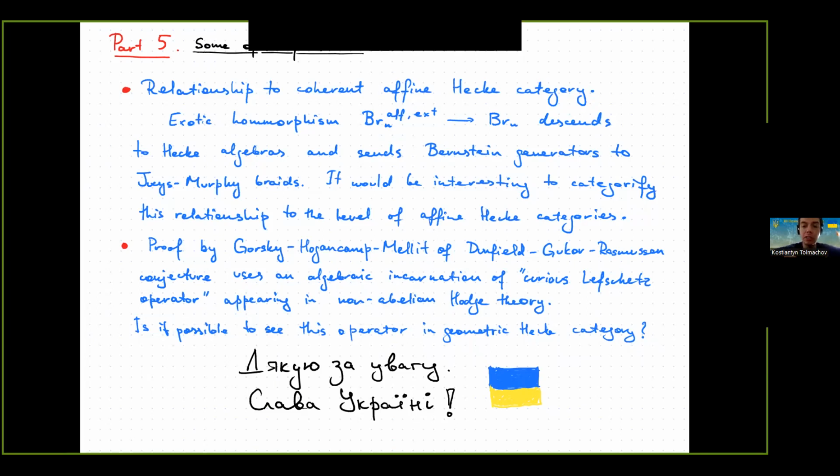So it appears not directly through geometry, but was constructed by hand by them in the algebraic combinatorial world. And so it would be very interesting to see how these structures coming from non-abelian Hodge theory can be manifested in the world of geometric representation theory, in the world of constructible Hecke categories.